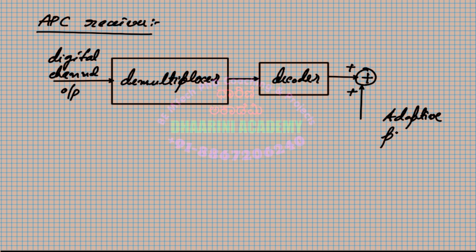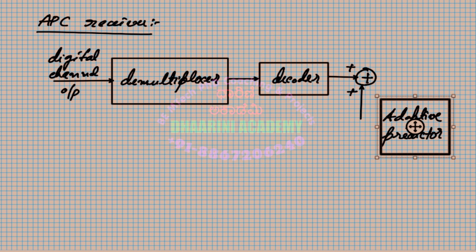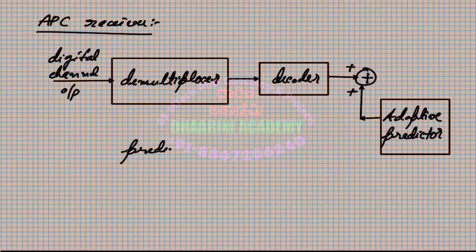So here I'm going to write the adaptive predictor. Okay, so that's the predictor. Now the predictor needs input from the predictor parameters, so you will use another block for the predictor parameters.